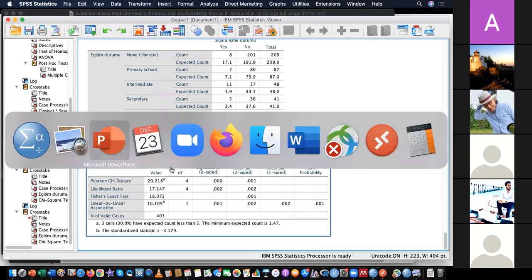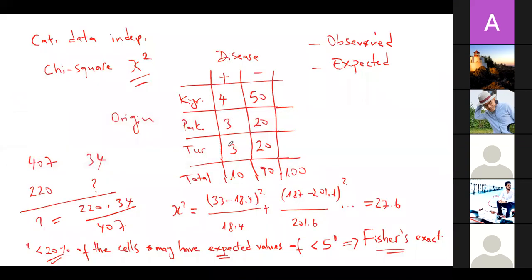But otherwise, you may join them. You may say, okay, Kyrgyz is one group, and Pakistani plus Turks I will combine. Then you will have a 2x2 table.